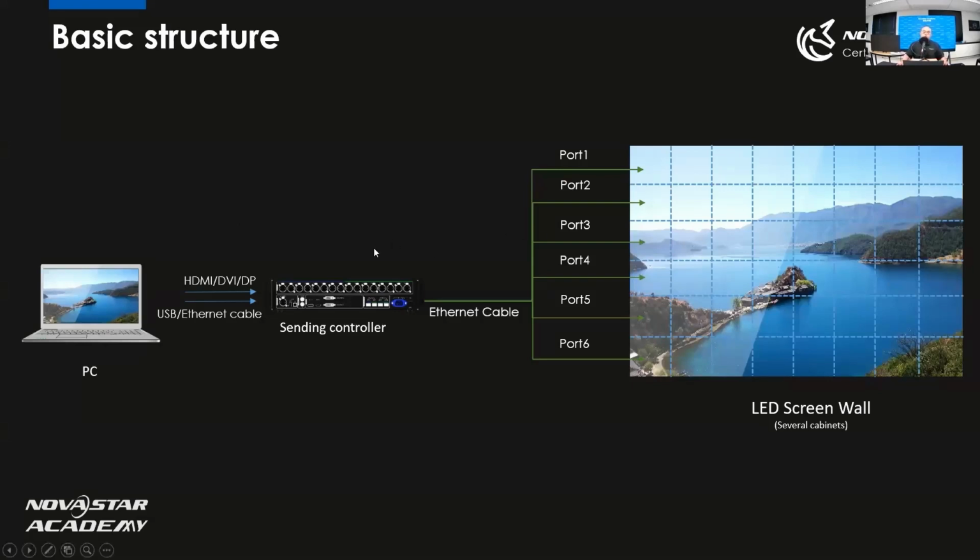Between the controller and our LED screens, we use an Ethernet cable to do the connection. This is the most basic setup. We have the video source, the controller, and the working cabinet with the receiving card. We can show the image on the screen.